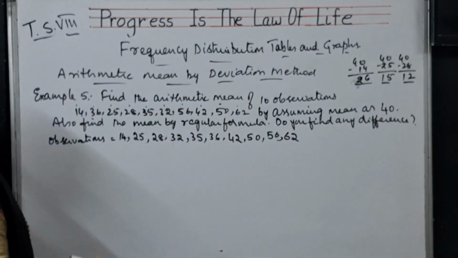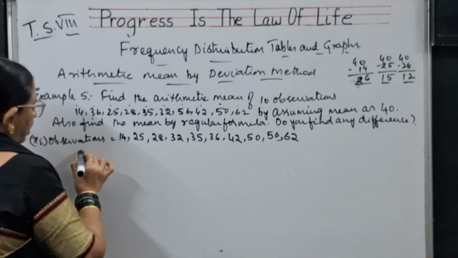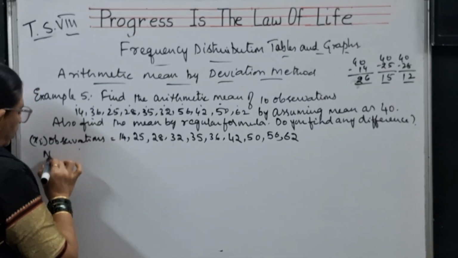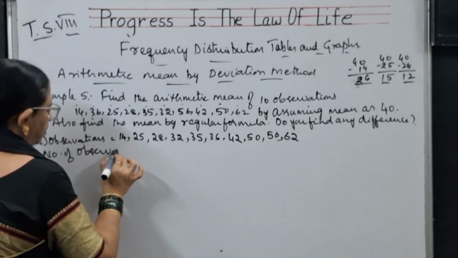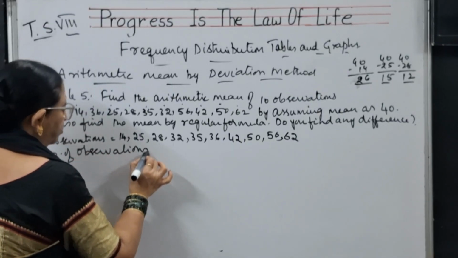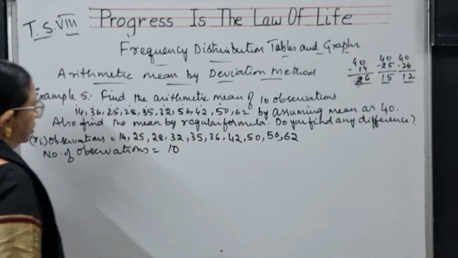In this method, the xi values are given, and the number of observations is already given as 10, so you need not count.